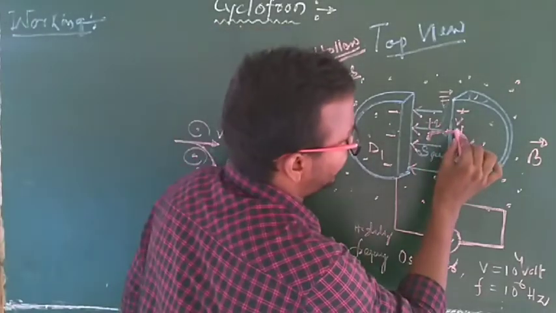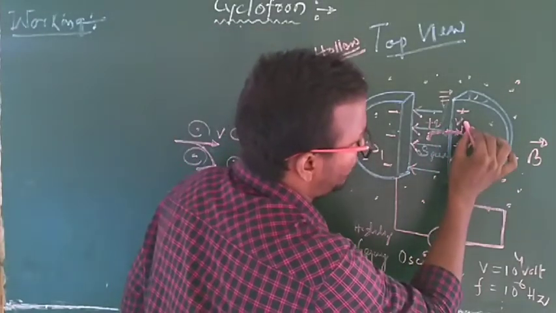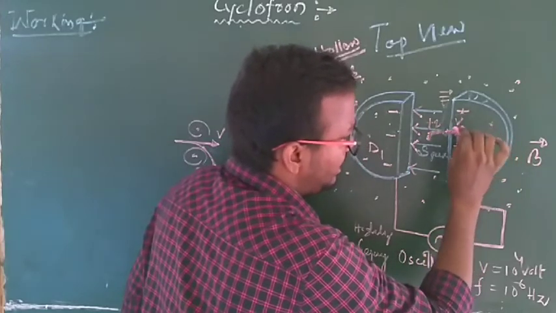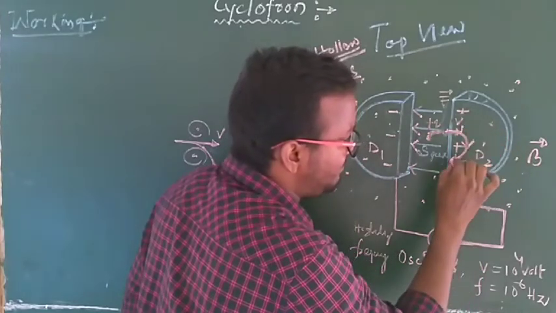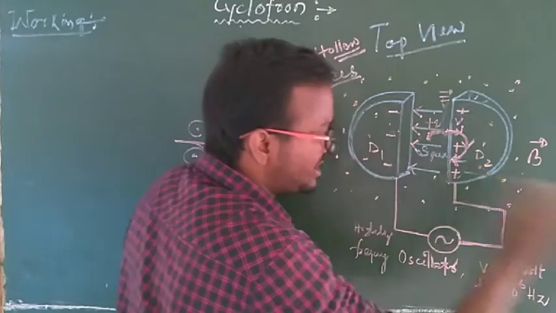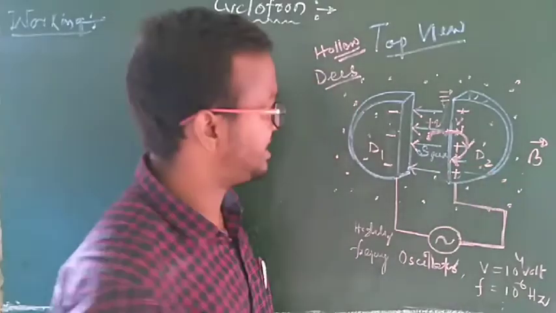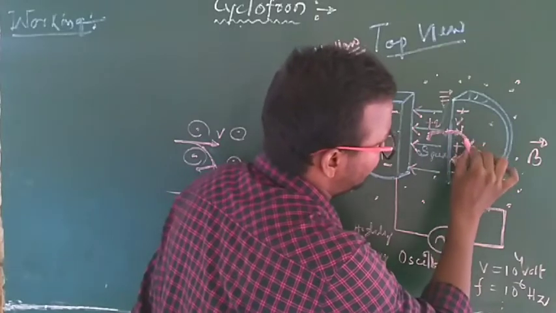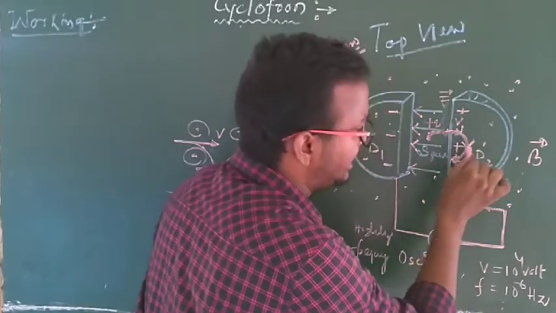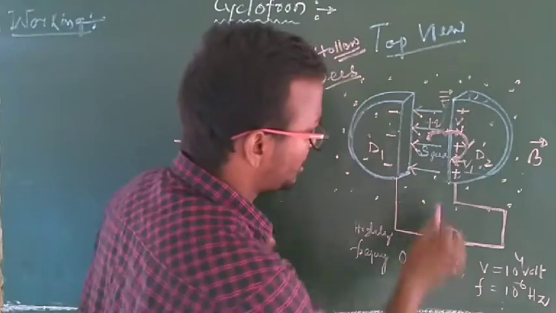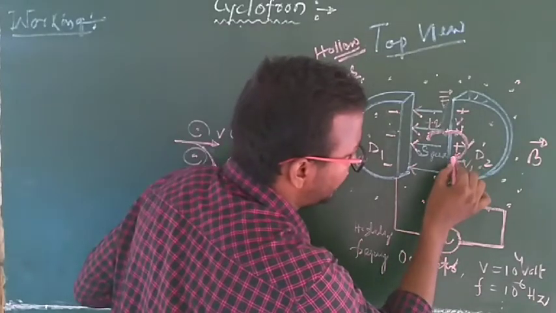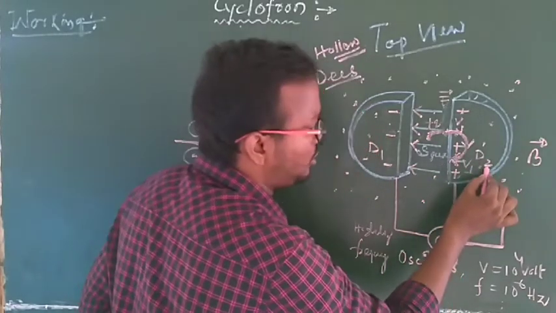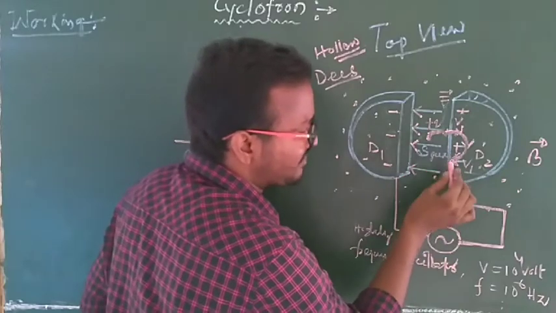When the charged particle enters D2 with speed V1, it describes a semicircle, but it does not change its velocity. So here also the velocity is V1, because the charged particle changes its direction inside the magnetic field, where there is no electric field.